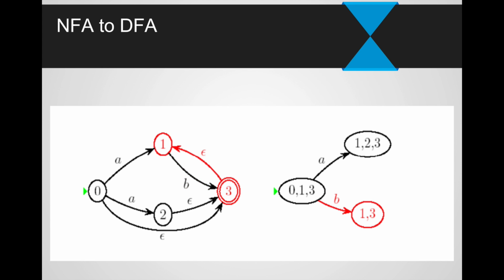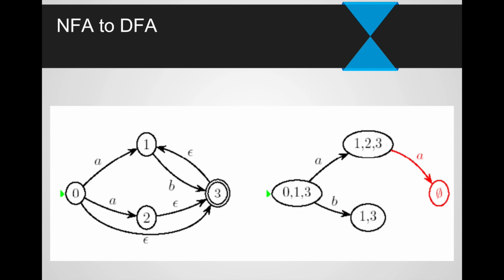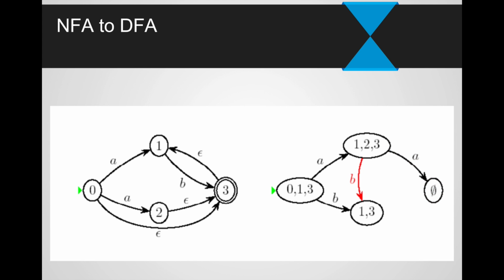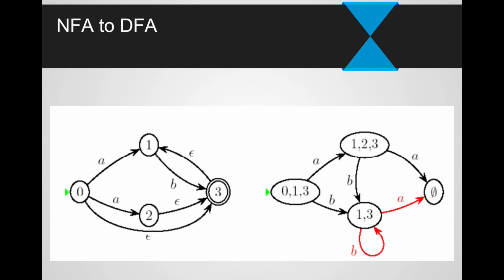Transition A read leads to state 0. From states 1, 2, 3, transition B read leads to state 1, 3. A loop in state 1, 3 by reading B is produced. And from state 1, 3, reading A, we move to state 0.